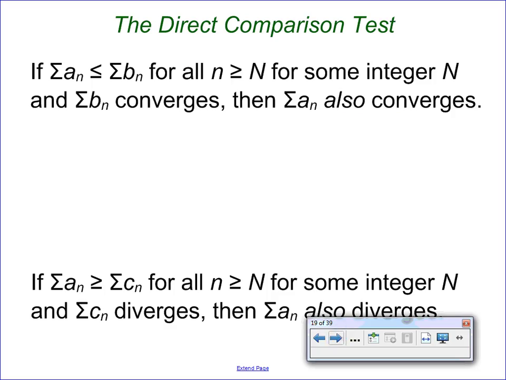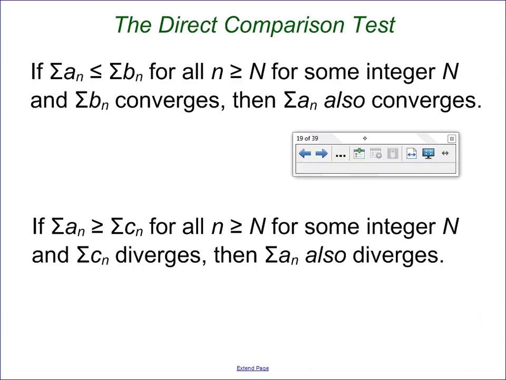Great. Similarly, if we know that the series given by the sum of C sub n diverges, and our series that we're asking about, A sub n, is greater than our divergent series C sub n, then we know that A sub n must also diverge.